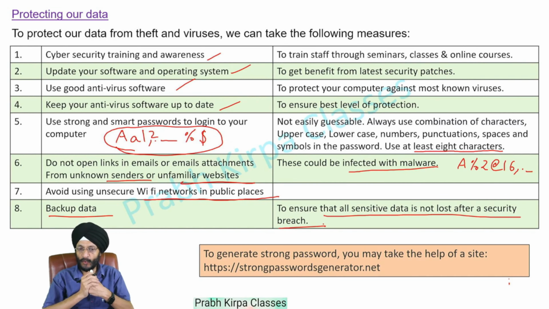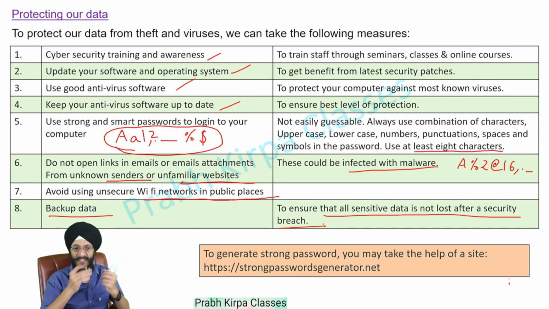For the purpose of generating a strong and smart password, we can take the help of a site which is https://strongpasswordsgenerator.net. When you visit that site, there are multiple options.